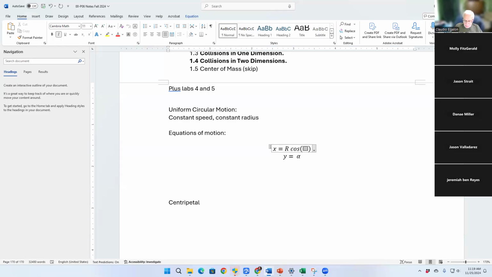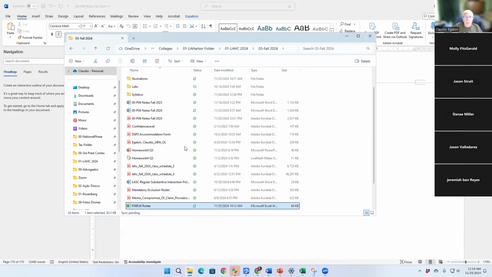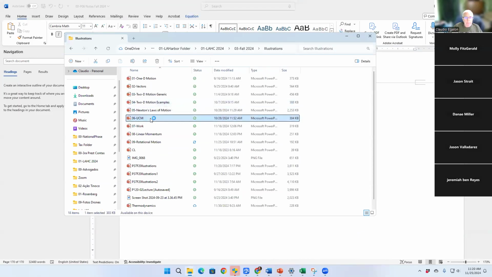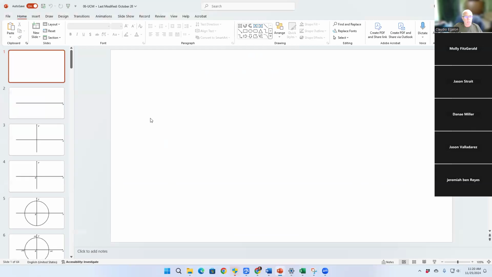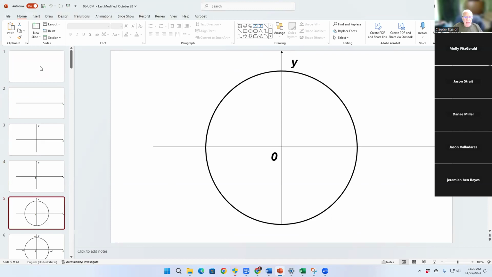All you have to do is to illustrate that like we did before. Let's get the illustrations here. Uniform circular motion. X-axis, y-axis, the origin of the x-y axis.